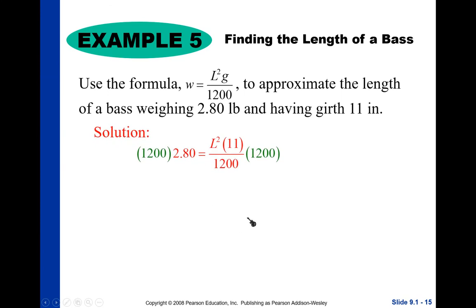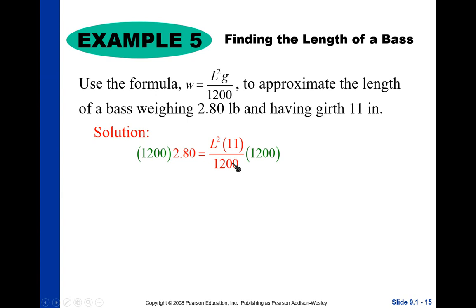Solution, substitute lang natin siya. Ito yung kanyang weight, 2.80, is equal to L squared times 11 over 1,200.